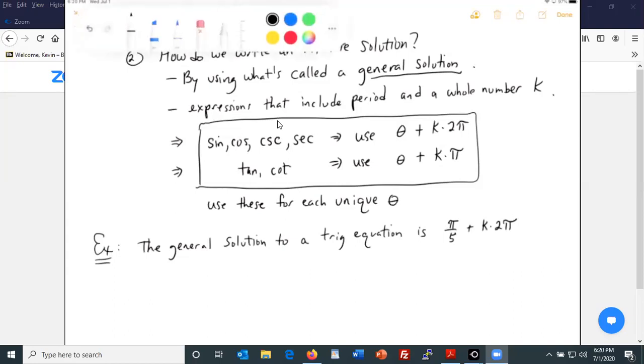You know what? I'm going to change that. The pi over 5, that's on the lab. You'll be doing that on the lab. Let's make it pi over 3. I think you can handle a 5 on the lab.